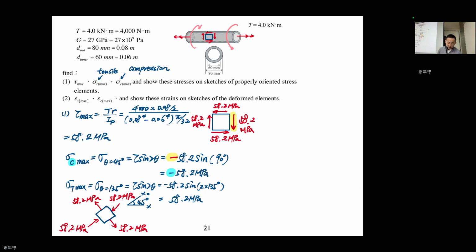problem. And the second one, epsilon tensile max, epsilon compression max. Okay, so it wants us to draw an element after the deformation.